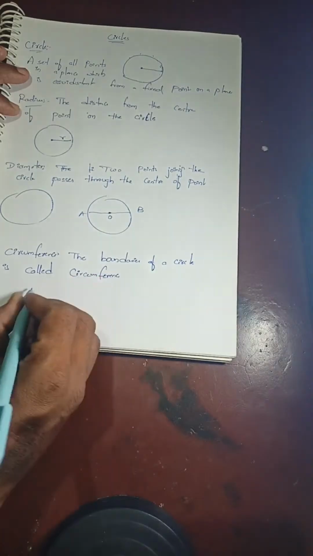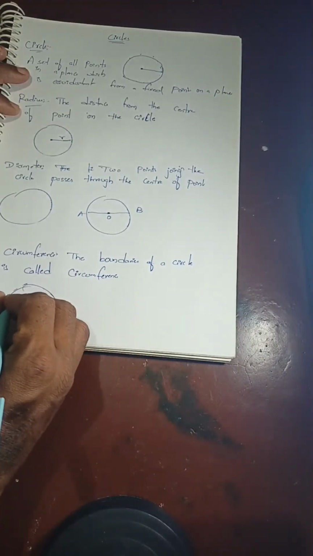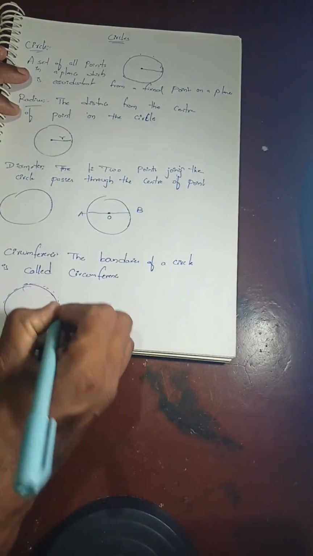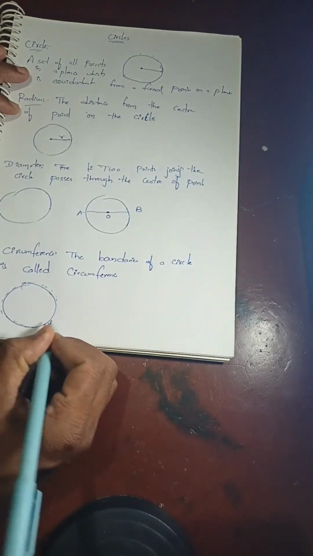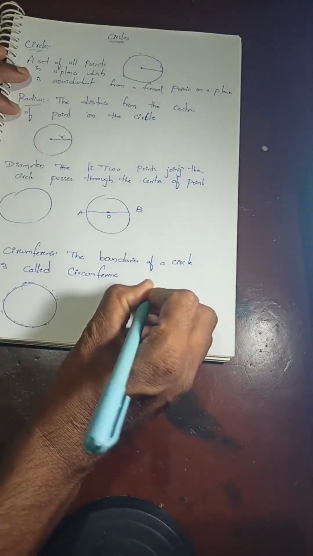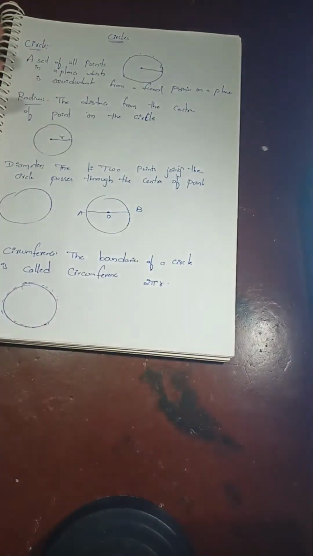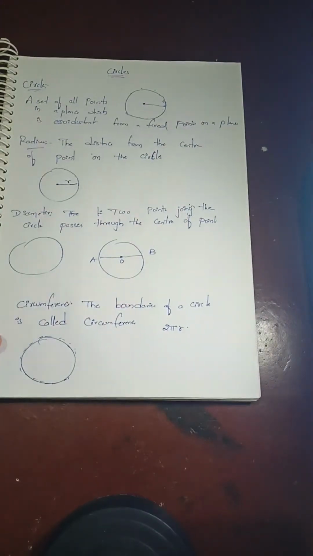If it is a circle, the boundary, you see this one, is called the circumference of a circle. The circumference of a circle formula is 2 pi r.